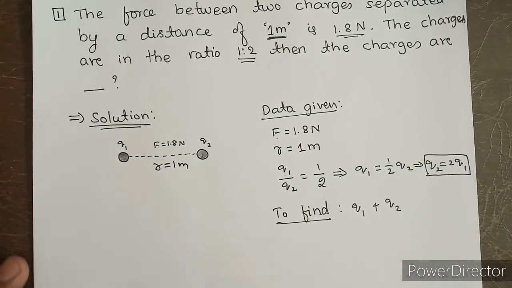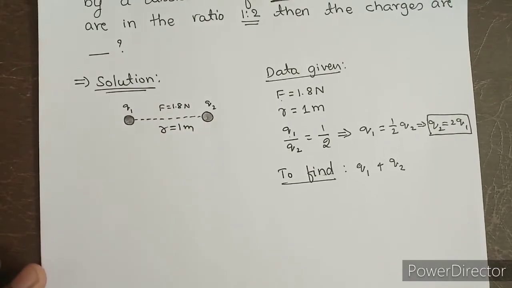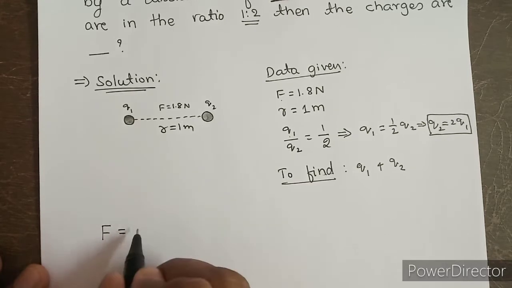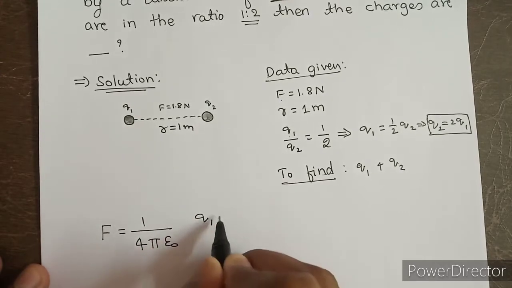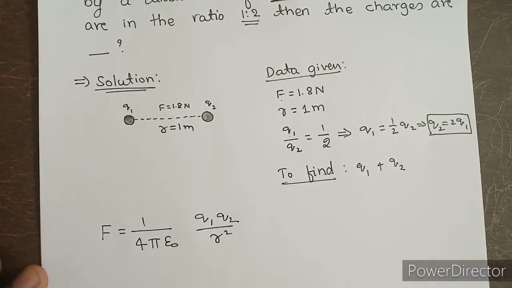So now we need to find out Q1 and Q2. I will use Coulomb's law of force here. That is, F is equal to 1 divided by 4 pi epsilon naught Q1 Q2 divided by R square. Let's substitute all the data here.